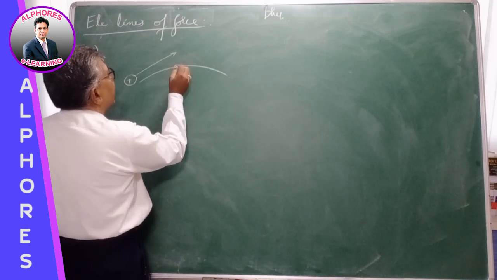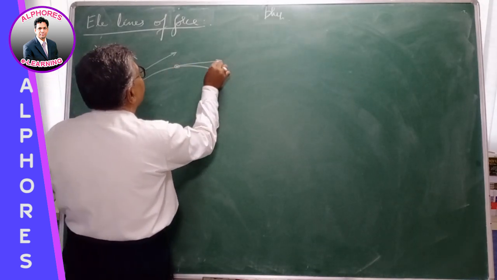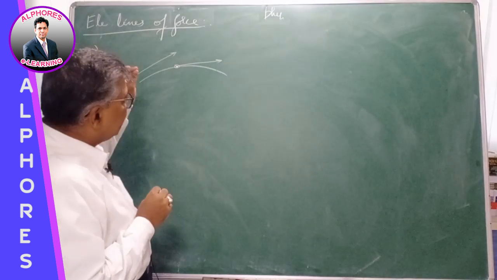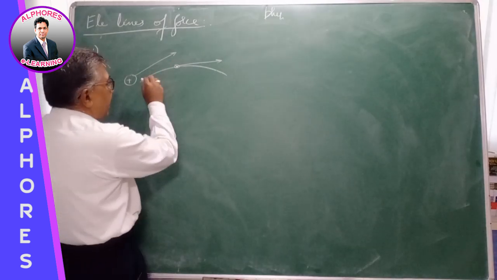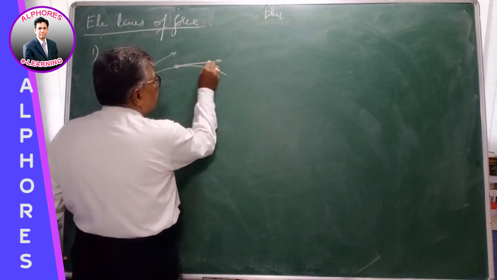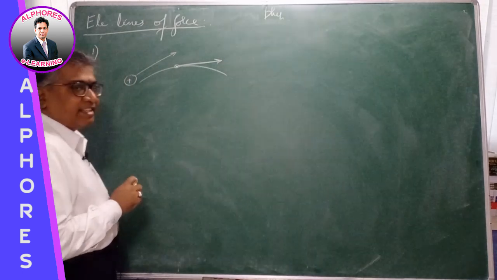And at any point, the tangent drawn at that point gives the direction of the electric field at that point. The tangent drawn to the electric line of force gives the direction of the electric field at that point.